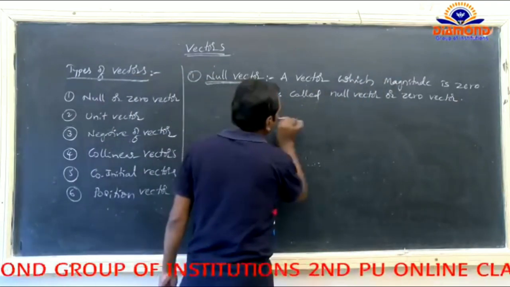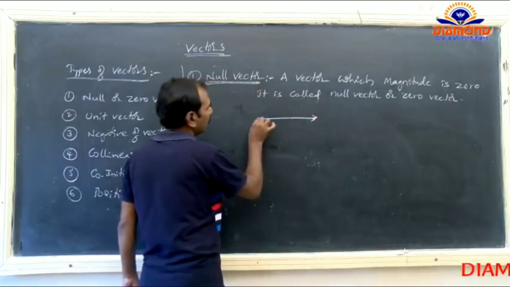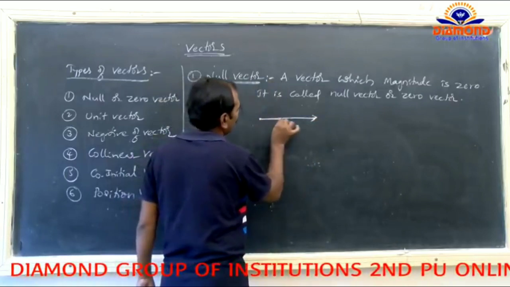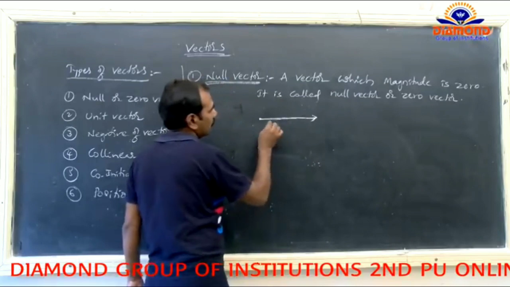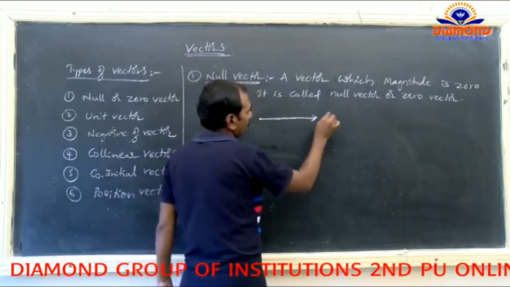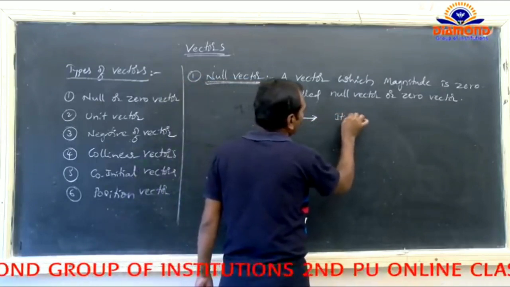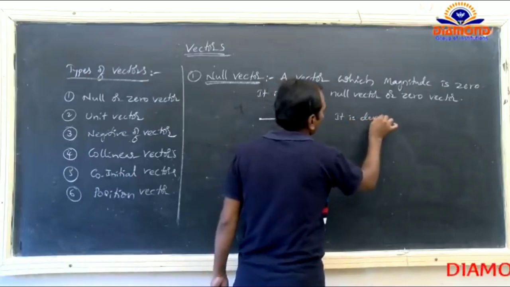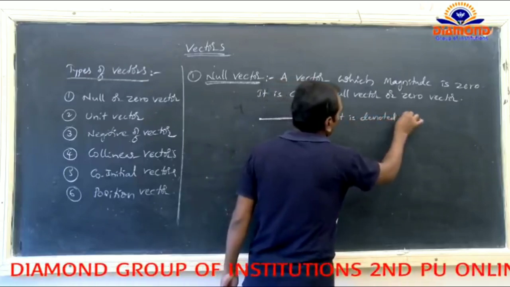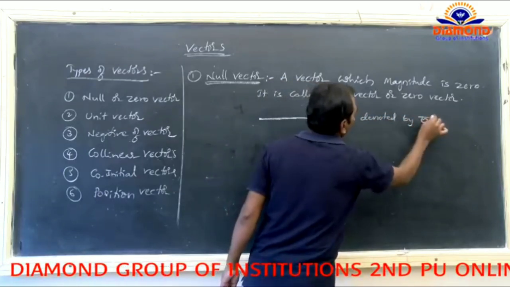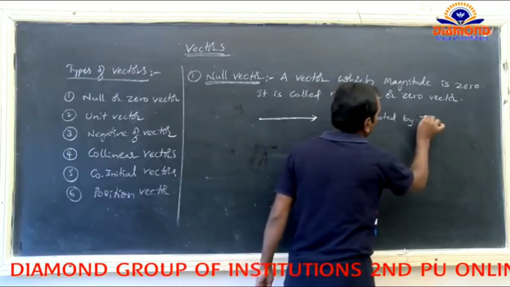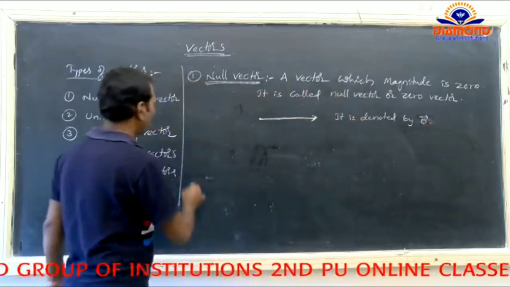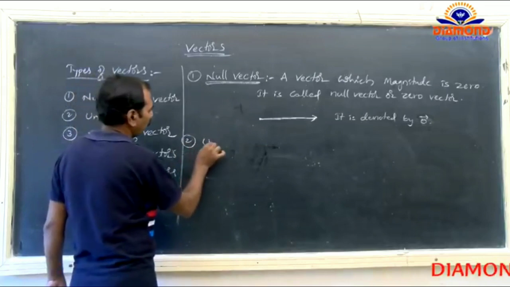It means only zero vector, like this. It is denoted by zero vector. Right. Next, second one, unit vector.